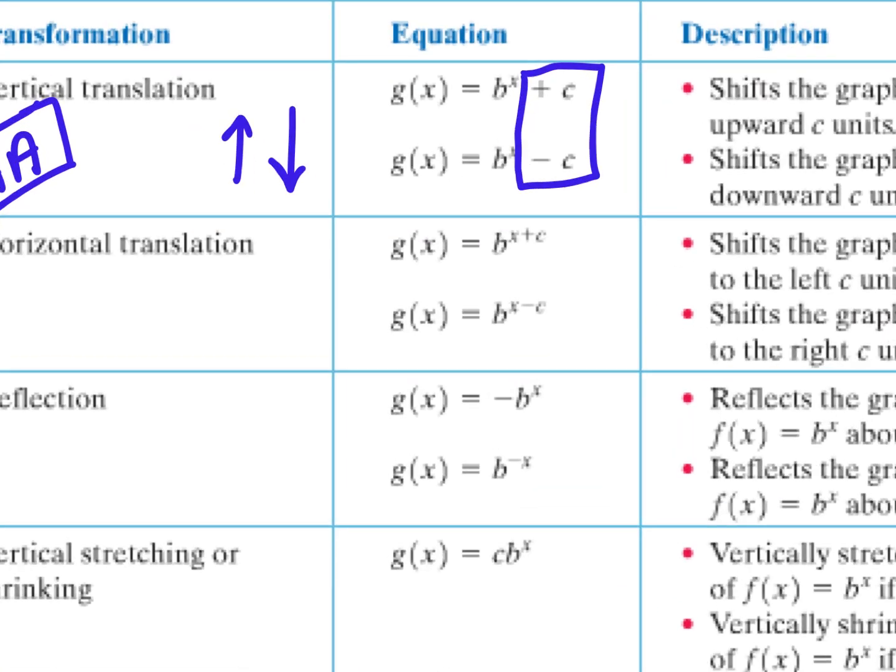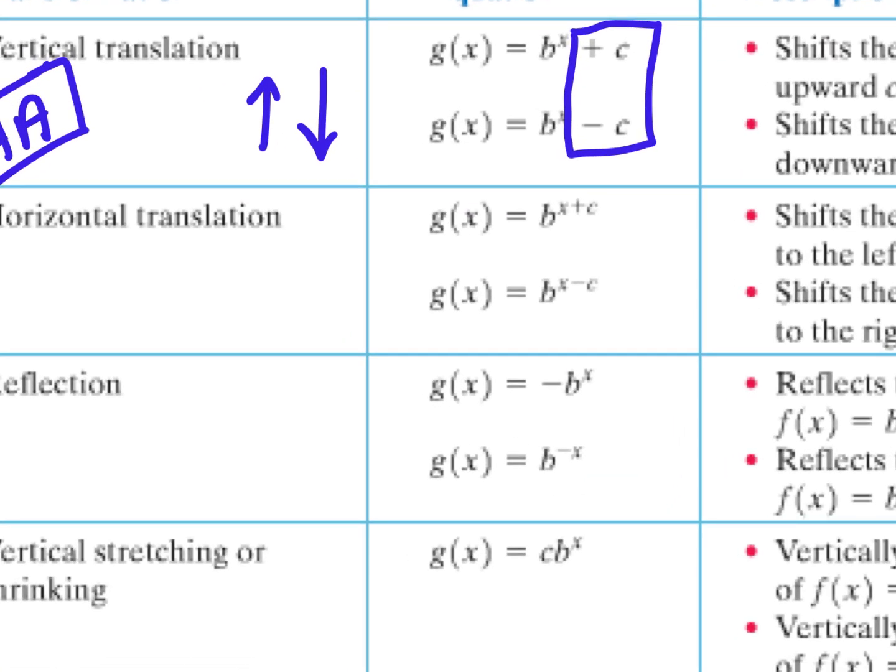Think about horizontal. Which way is horizontal? Left and right. So you guys should have talked about this in Algebra 2. Notice where left and right transformations occur. It's inside the exponent. So if you have a vertical, if it's going up, it's going to be plus. If it's going down, it's going to be minus. So anybody remember what happens when you move left and right? Left is, well, is it plus or minus?